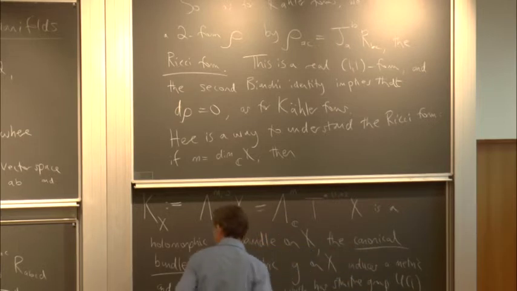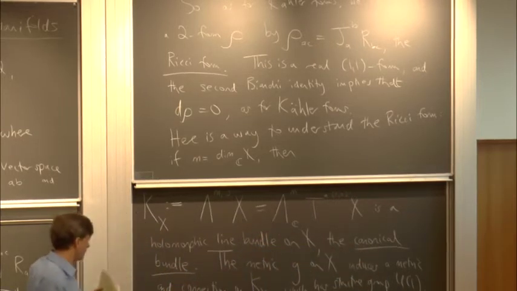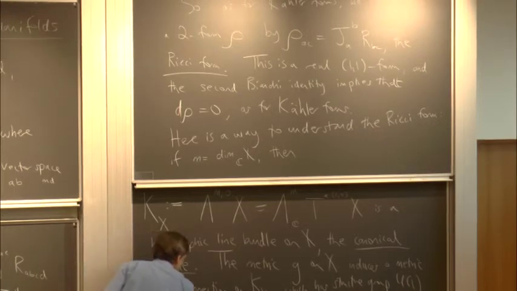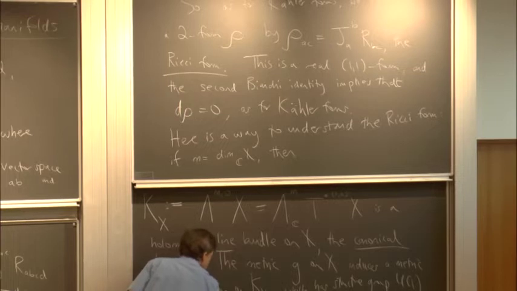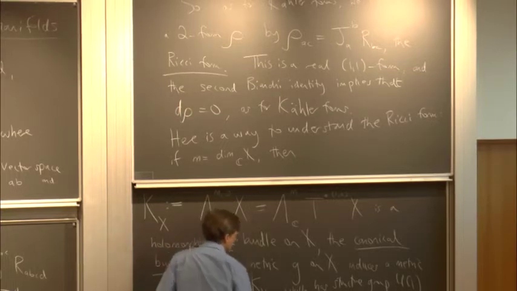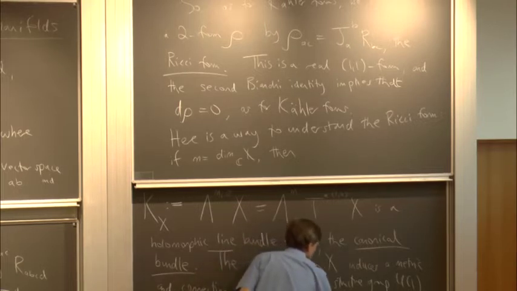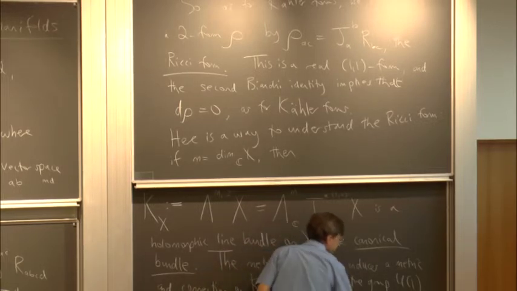But because U(1) is abelian, the curvatures of U(1) connections are particularly simple to understand. The curvature of a U(1) connection is just a closed 2-form.